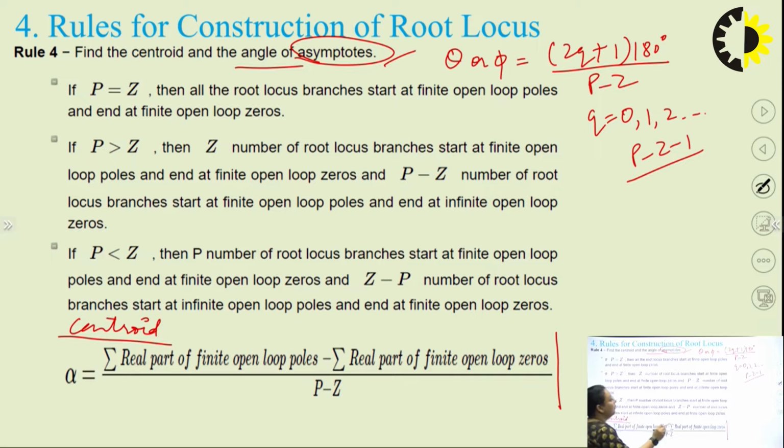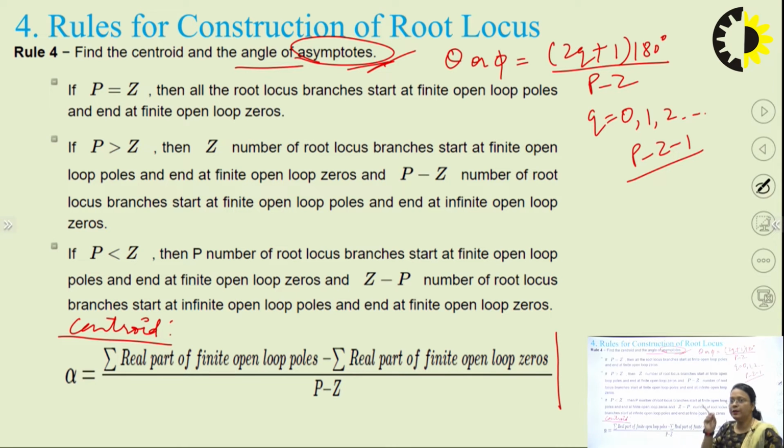These asymptotes are always represented by dotted lines in any graph, and using this formula we can find the asymptotes for any graph. These asymptotes are always plotted from the centroid.